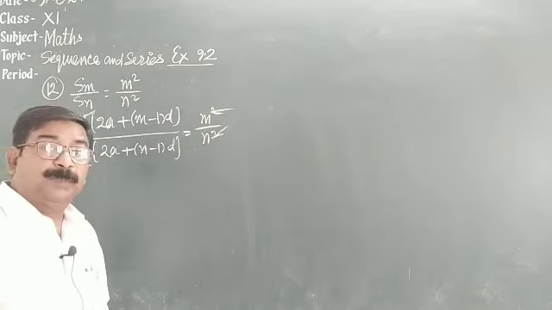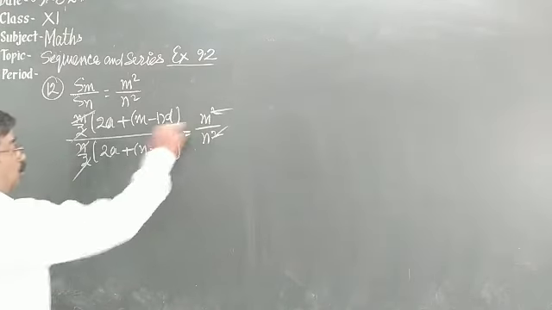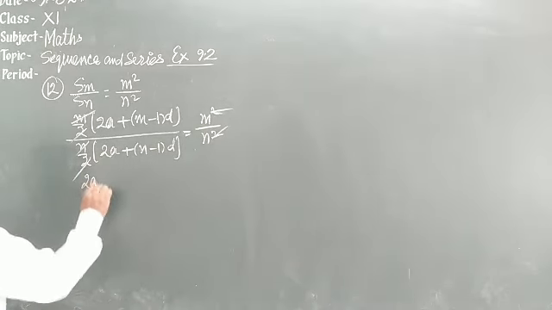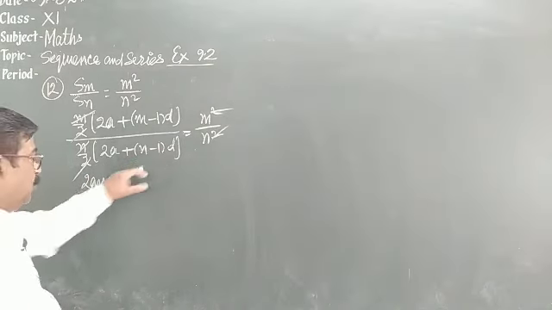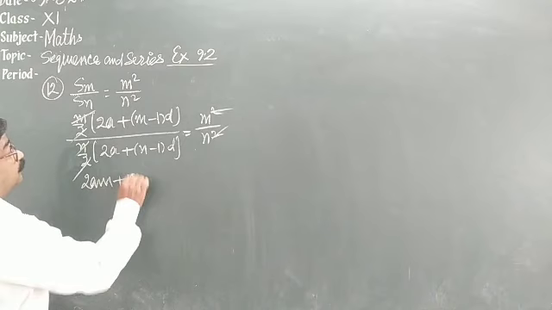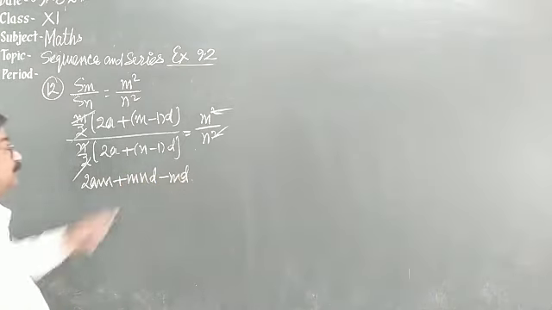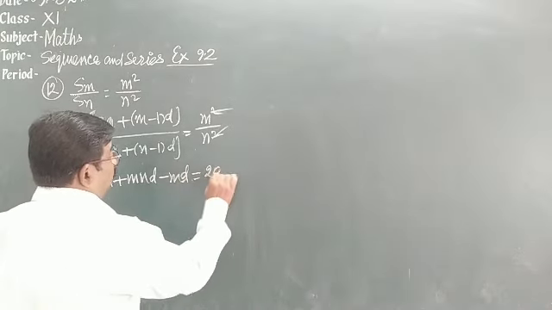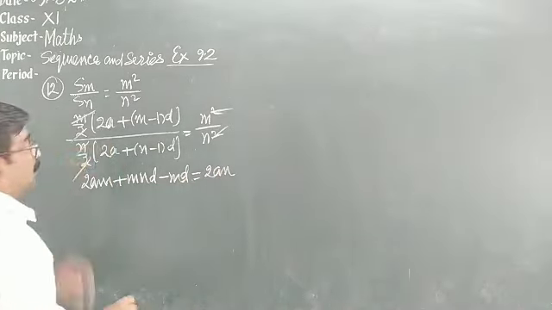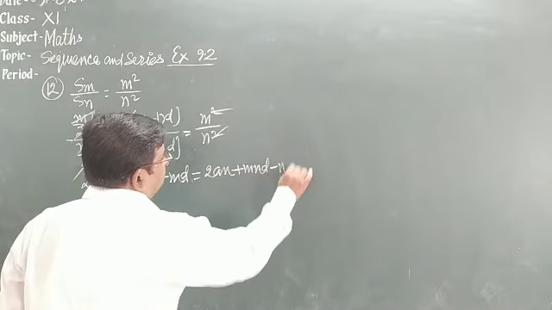Now cross multiply both sides. I am multiplying, see, 2a into m, 2am, multiply m into n into d, m and d minus md, m into d, this side 2an, this side, plus n and d minus nd.